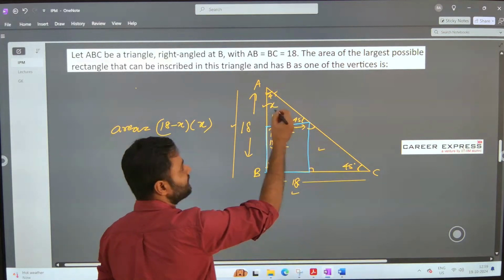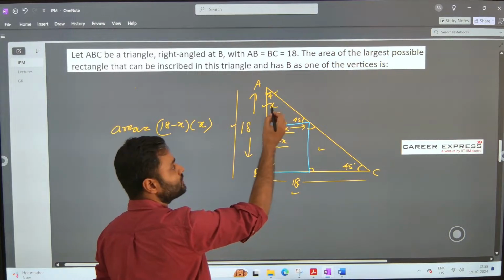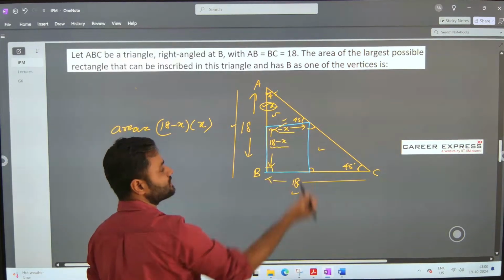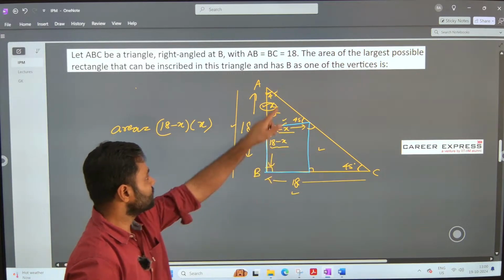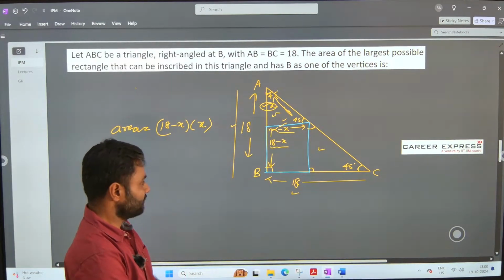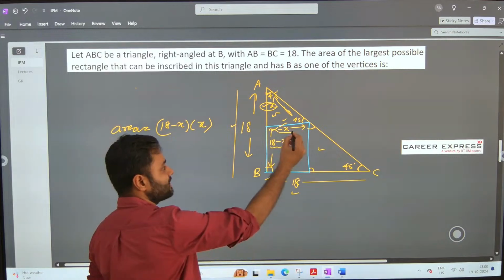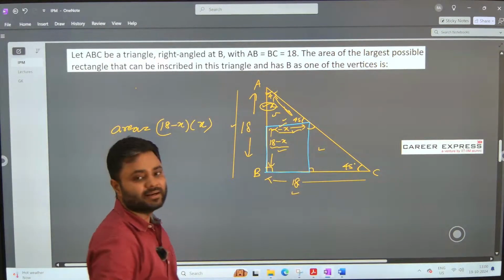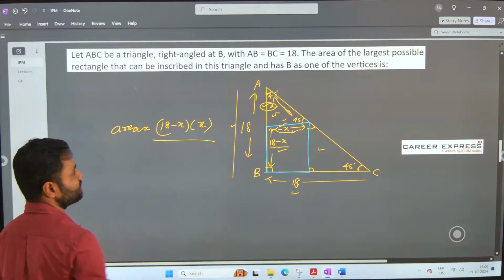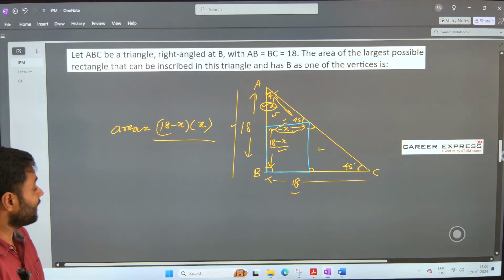In both these triangles, if we know the length of one side, we also know the length of the other side because they will be equal, because the angles opposite to them are also equal. So from that logic, we can say that this length is x, this length was already 18 minus x. So the area of the rectangle will be this much, 18 minus x times x.